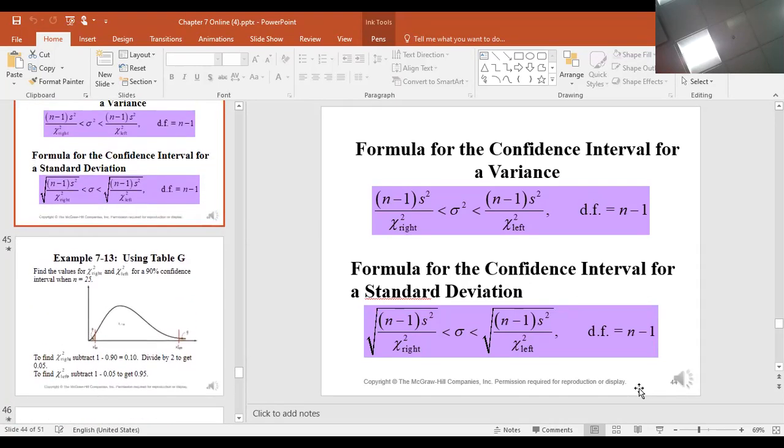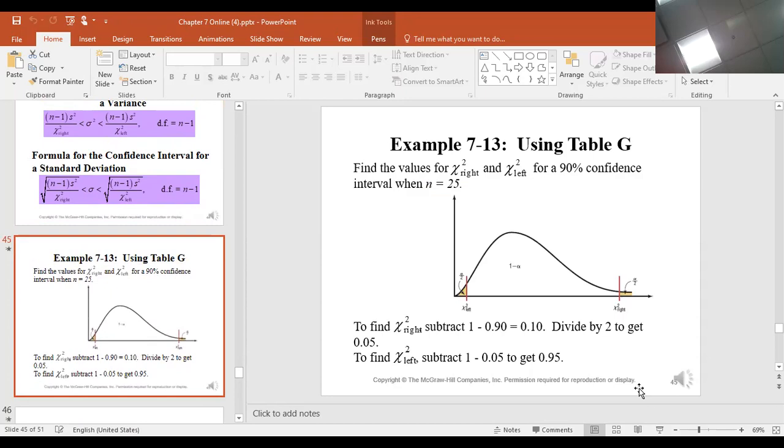Before we come back to do an example of confidence interval for chi-square, I want us to practice reading the chi-square. Find a chi-square right and chi-square left for a 90% confidence interval when n equals 25.